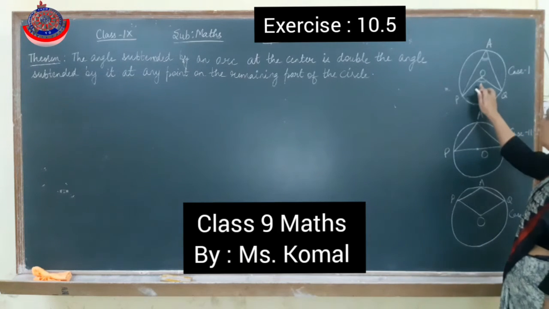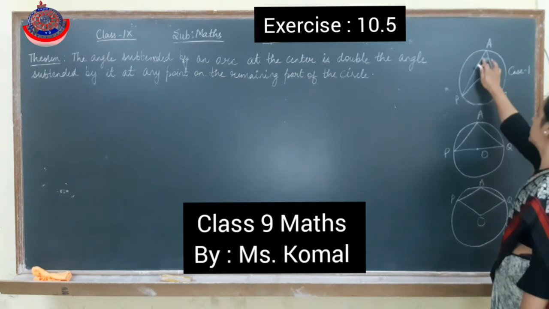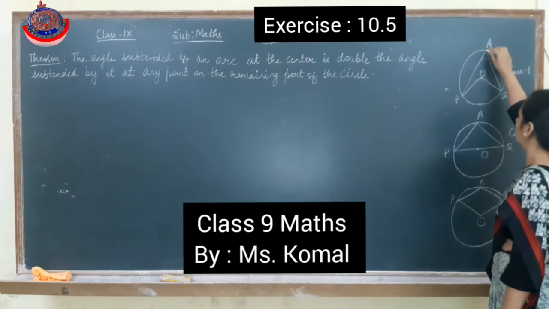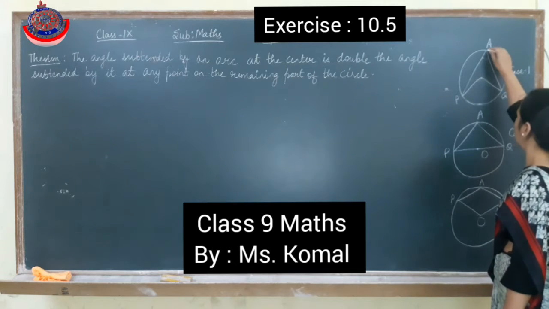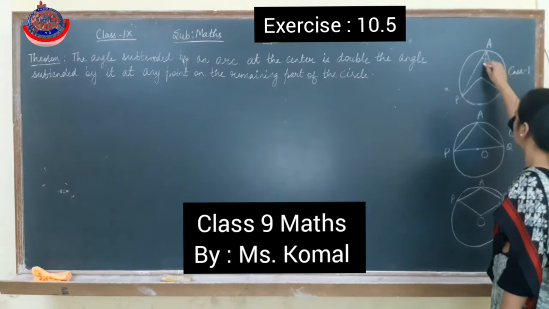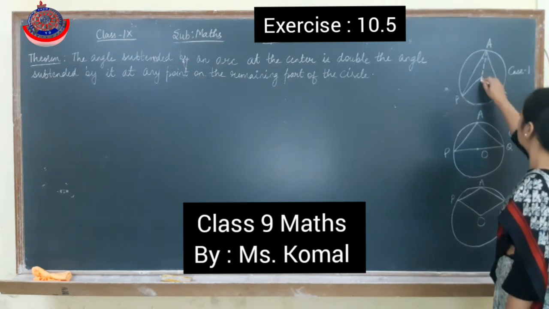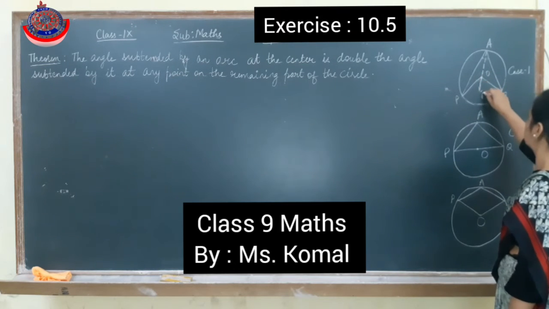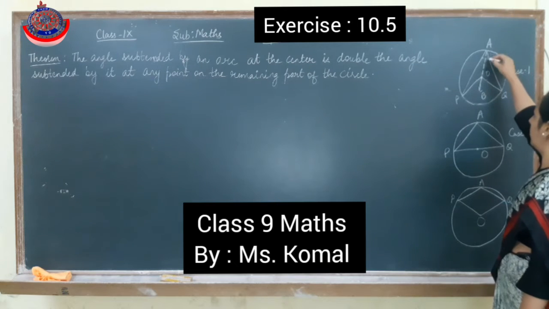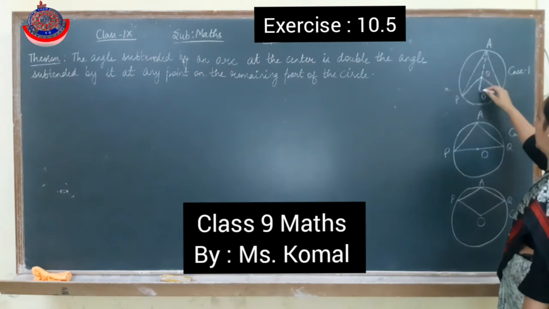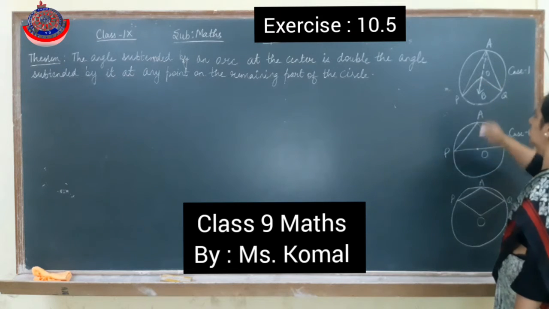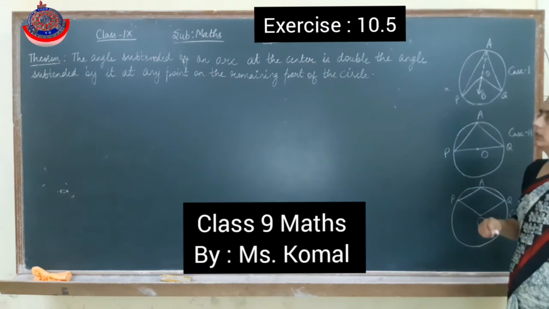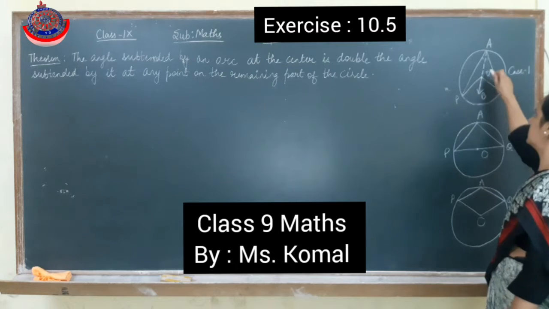Let us consider this. We need to do the construction. I am writing this point O at the side. We have to join OA and extend it up to B. Now we want to prove this whole angle is double of this.